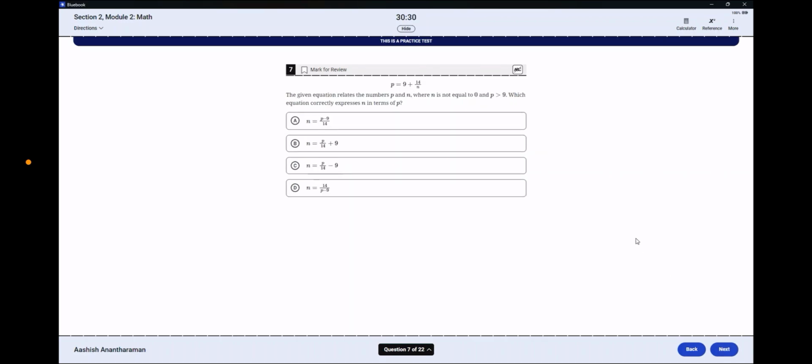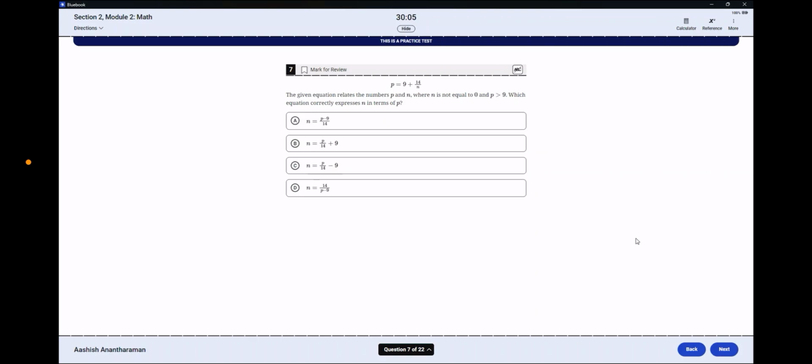Okay, the given equation relates P and N, N is not equal to 0, and P is greater than 9. We just have to express N in terms of P. I'm going to subtract 9 from both sides: P minus 9 equals 14 over N. Then we can do a trick. P minus 9 is on the left and 14 over N is on the right.